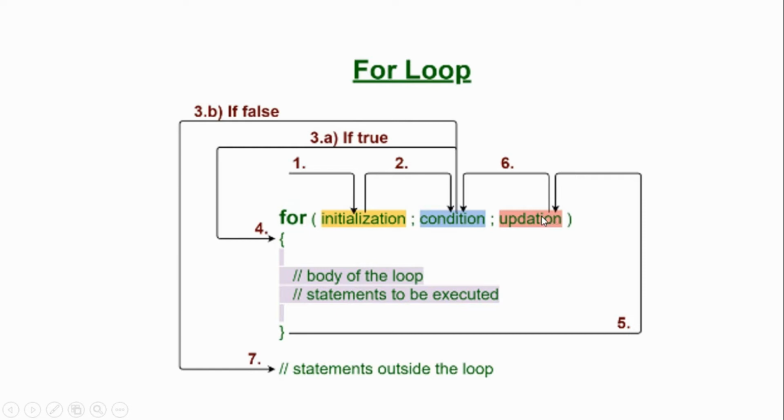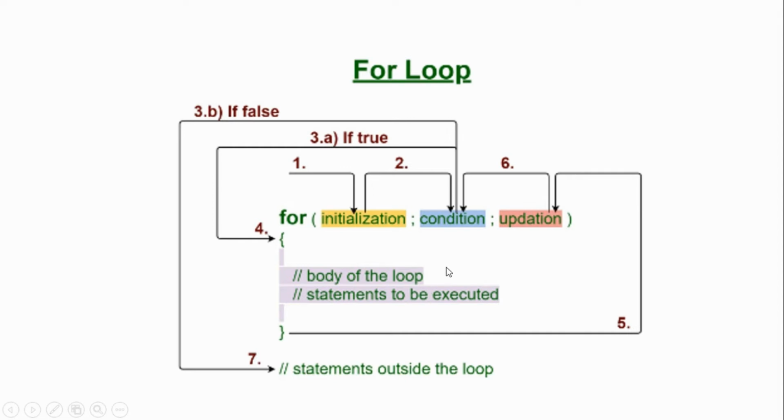We'll see the different cases for the updation, but you need to understand this flow diagram, how exactly your for loop is working. Then it does the updation, goes back to check the condition again. If the condition is true, it comes back to the body of the loop. Otherwise, if the condition is false, it simply exits the for loop.